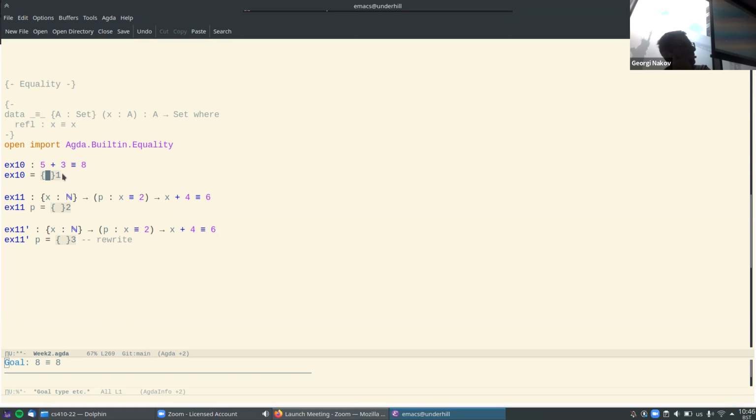That's good from one point of view, because guess what? It'll do the arithmetic, right? How do we prove that 5 plus 3 equals 8? We just say, over to you, Agda. Do some bloody work. That equality is a refl definition. It's a different one from the function one, and it's a built-in Agda one. Yes. That's what we do.